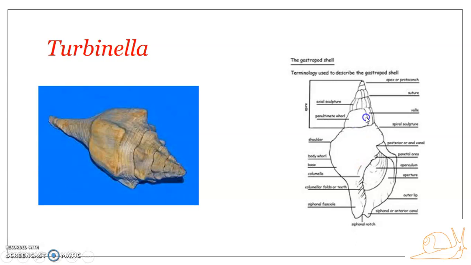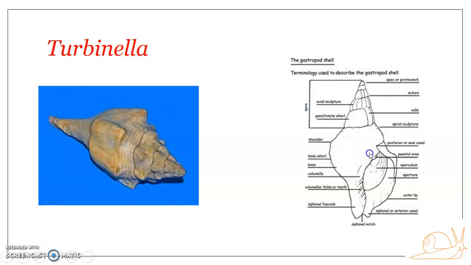Each whorl is separated by a suture. You can see here this is a suture. From the apex whorl to the penultimate whorl, and this is the last one, or the ultimate whorl, or the body whorl. These whorls are referred to as the spire. The whole whorl from apex to the penultimate whorl is known as a spire, right?